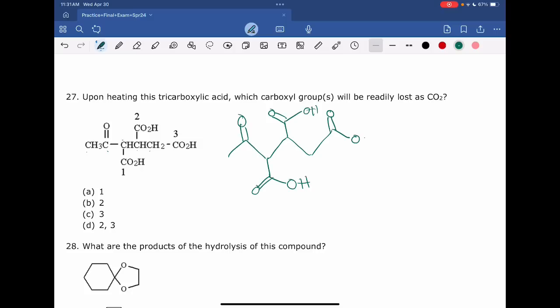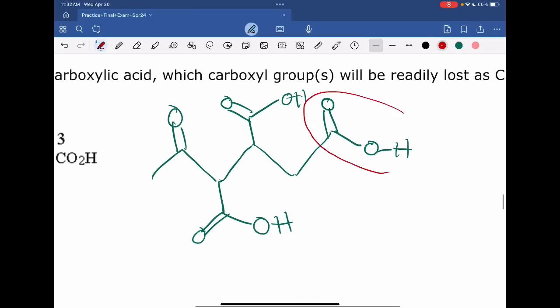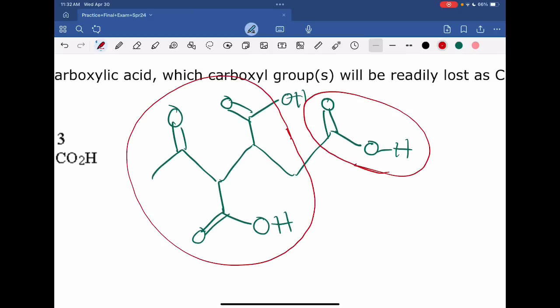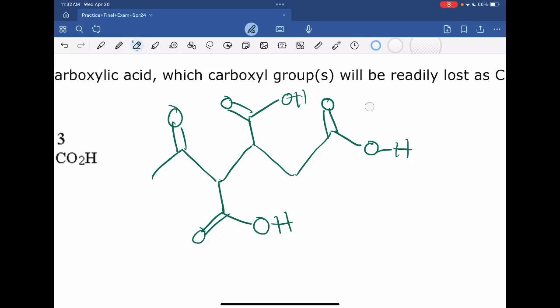So for decarboxylation to happen, you need to break the bond that connects the CO2 to the whole thing. And for the case of this CO2, that bond is going to be this bond.